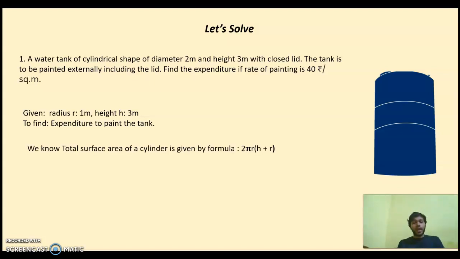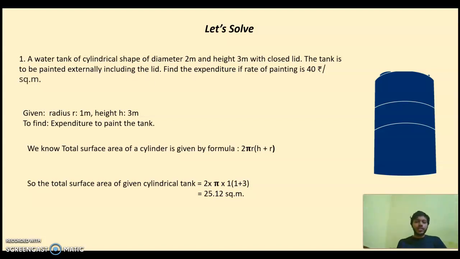Substituting the values of height and radius of the circle, we get the total surface area of the cylindrical tank as 2 pi into 1 into brackets 1 plus 3. That is, we get the total surface area of the cylindrical tank as 25.12 square meters. Now for the total expenditure to paint this cylindrical tank, we multiply the rate of painting, that is 40 rupees per square meter, into the total surface area of the cylindrical tank.